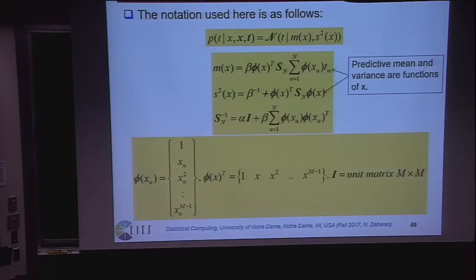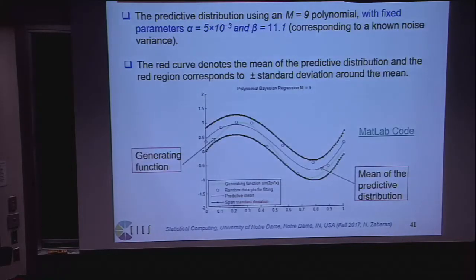So here is your first regression result. If you use the data points that we started with initially, a few data points, this curve is the sine function that generates the data. This line here is the mean of the predictive distribution.